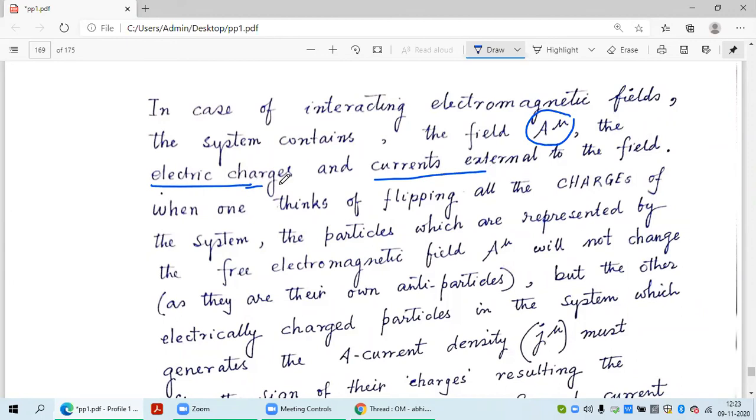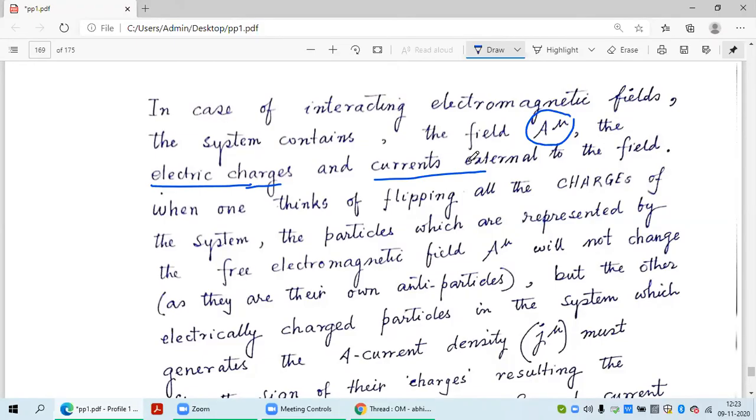External electric charges and currents are produced by motion of charged particles in your electromagnetic field. Now, suppose you are doing a charge conjugation of the entire system. That means you have to take the charge conjugation of this field A mu.